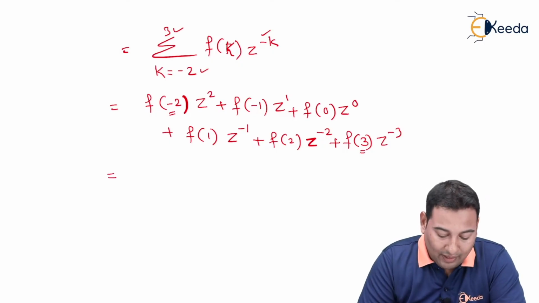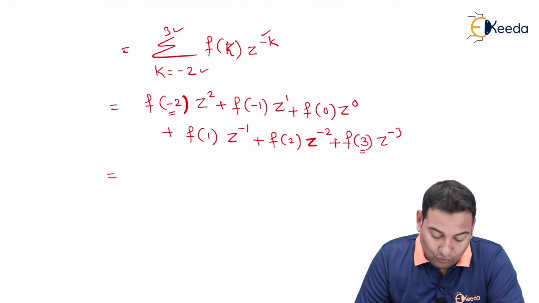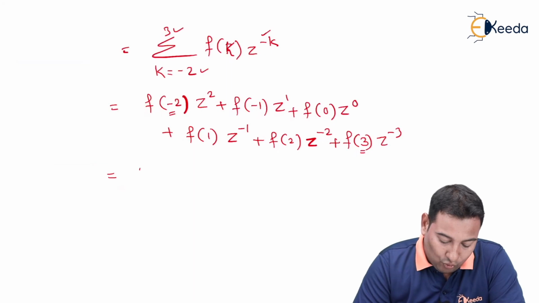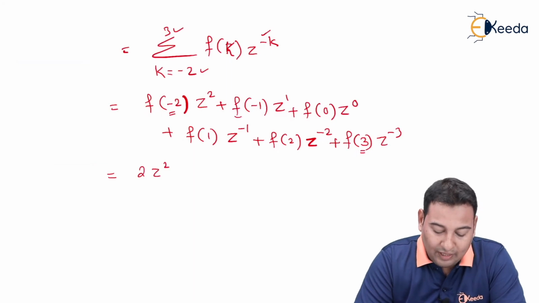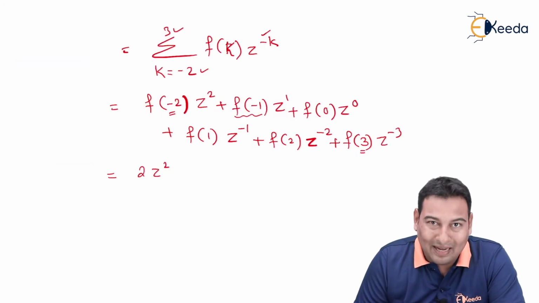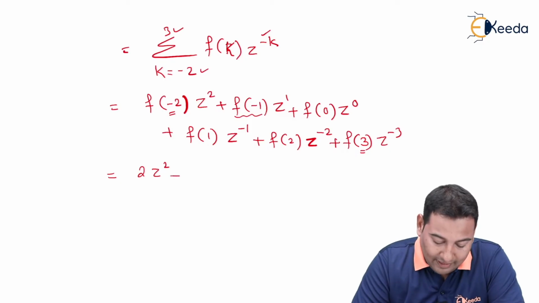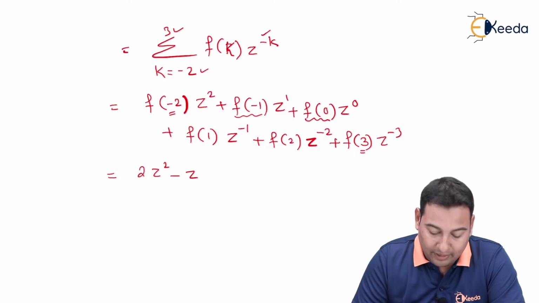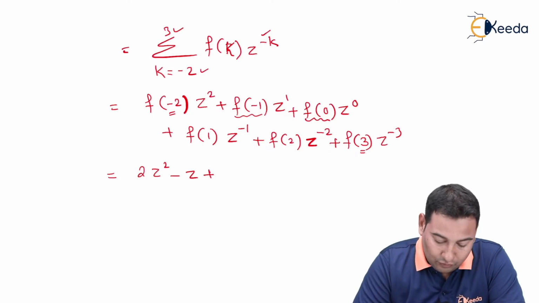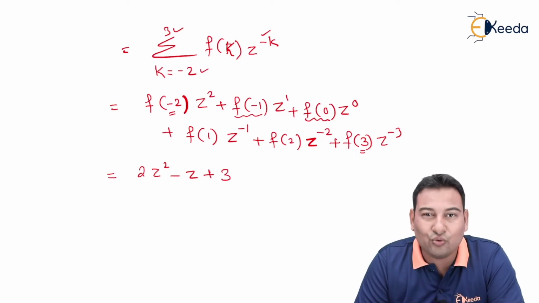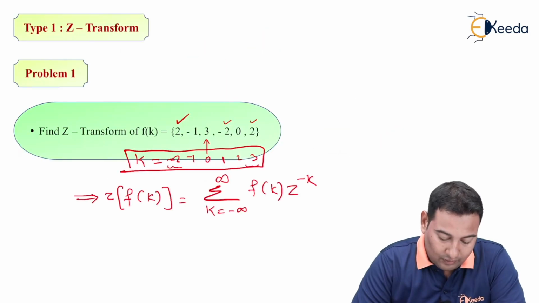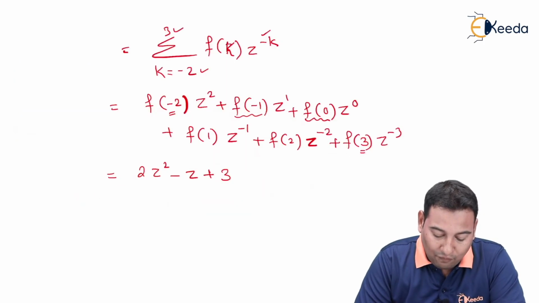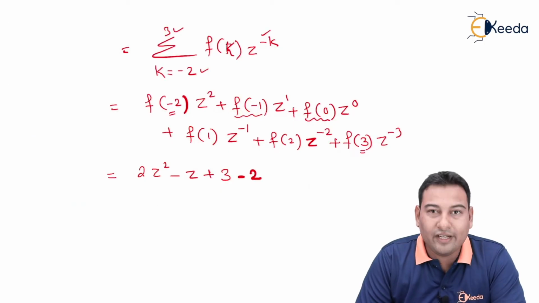So let's substitute the values. F of minus 2, this is the value which is 2. So we'll put 2 here into z square. F of minus 1 is minus 1 actually. So that is minus z. F of 0 is 3. So plus 3 into z raised to 0, which is 1. See here, this is f of 0. Then we have f of 1 is minus 2 into z inverse.